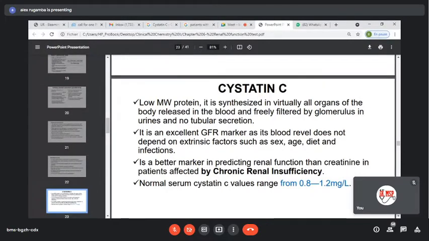This is an excellent marker for glomerular filtration rate. Its blood level does not depend on extrinsic factors such as sex, age, and diet. So this is good because it does not depend on other factors such as sex, age, and diet.